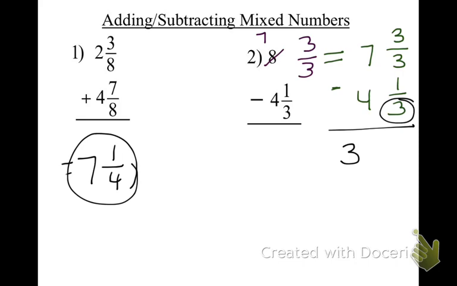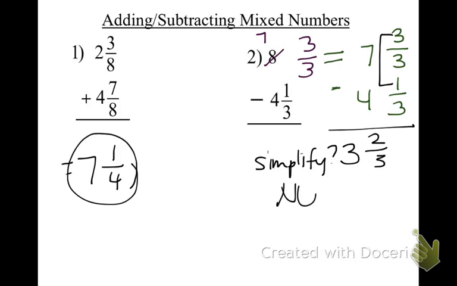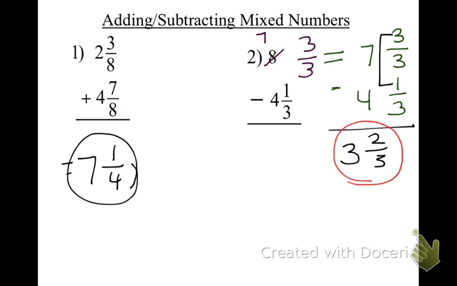Now I have like denominators, so I go ahead and subtract my 2 numerators. I get 2/3. And the question is, can I simplify? The answer is no. Since I can't simplify, my answer is just going to be 3 2/3. That's all we're doing. So don't forget, you can borrow if you need to.